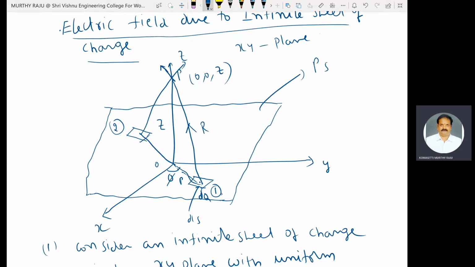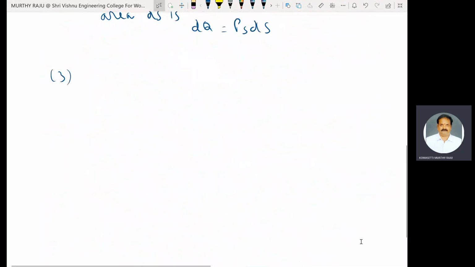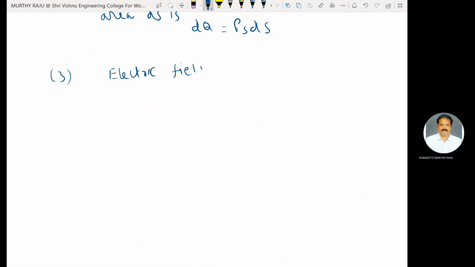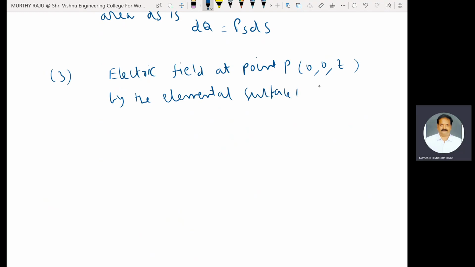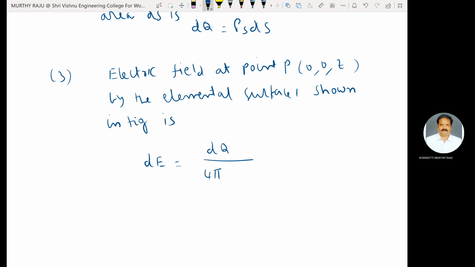This is the small elemental surface 1 shown in the figure. The electric field at point P by the elemental surface 1 is dE is equal to dq by 4 pi epsilon r square a r.